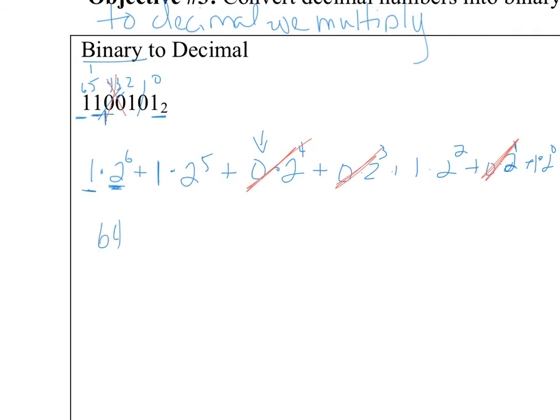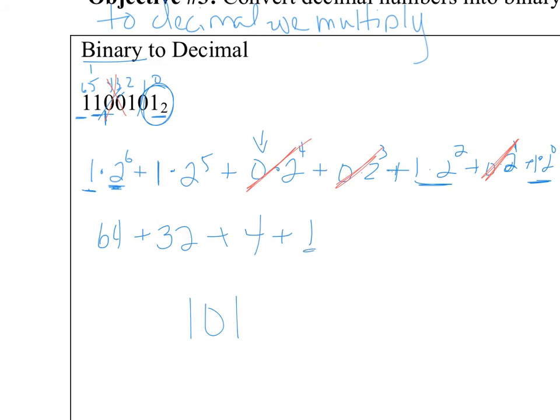We multiply it by 1, but in binary it's just 1, so it doesn't really matter. Plus 32, which is 2 to the 5th, plus 2 squared is 4, and then 2 to the 0 is 1. You'll notice anytime you have a 1 over here, you'll always have an odd number. So this is going to be 101. If that 1 wasn't there, it would have been even.